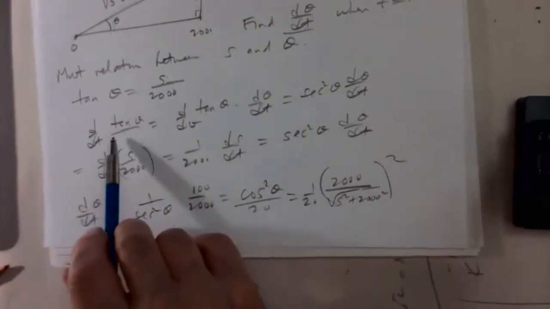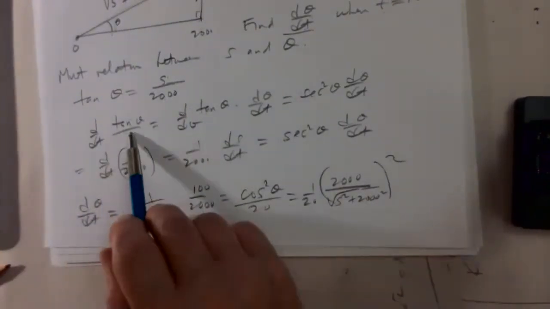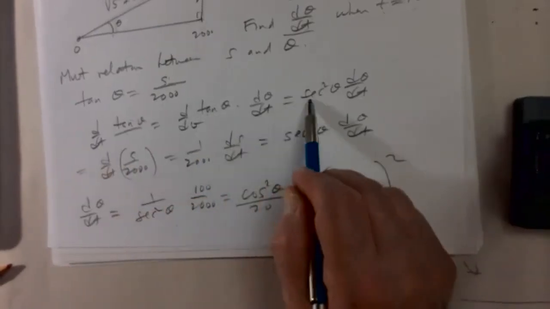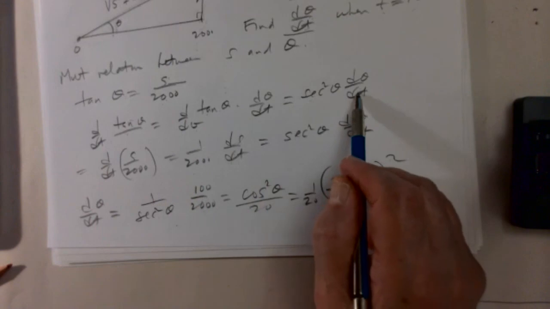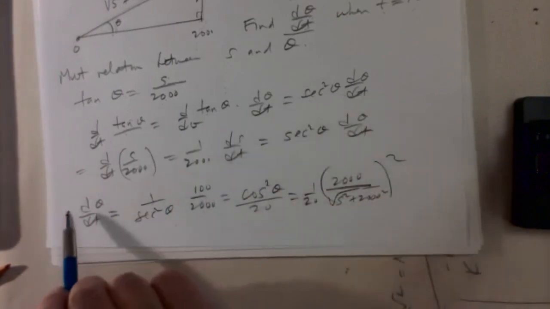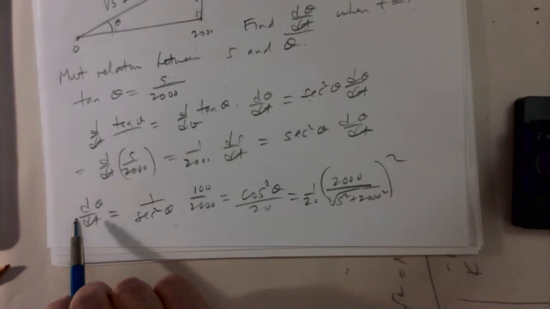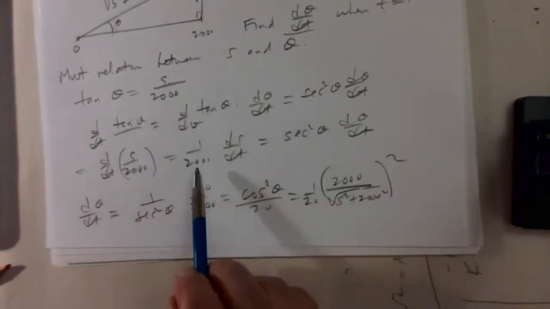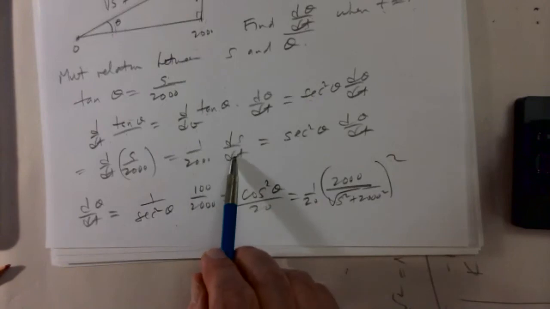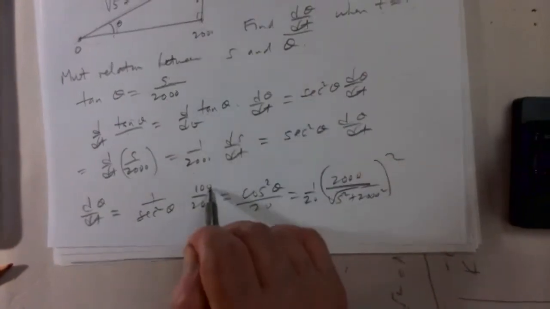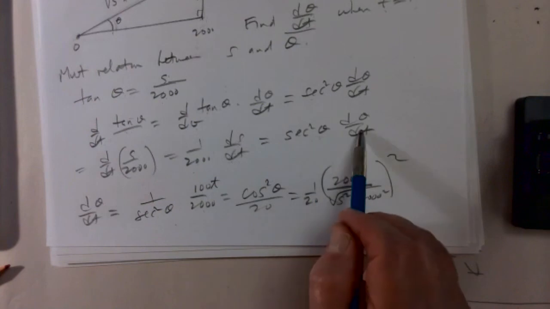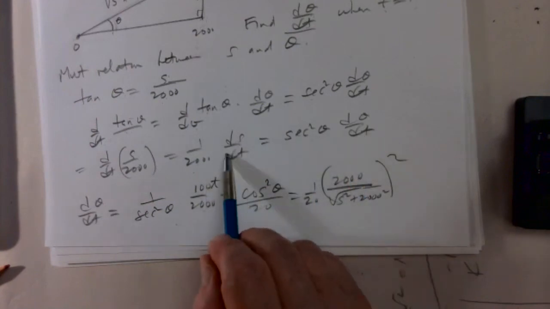So if you differentiate with respect to time, the derivative of the tangent of theta with respect to t is secant squared theta d theta dt, which is the derivative of this with respect to t, 1 over 2,000 ds dt. ds dt is 100t. So we have secant squared theta d theta dt is equal to this.